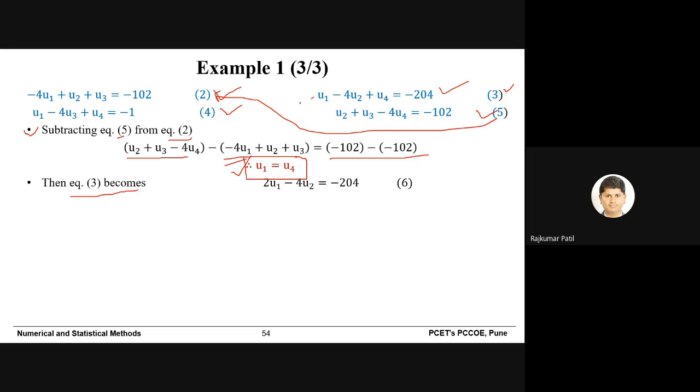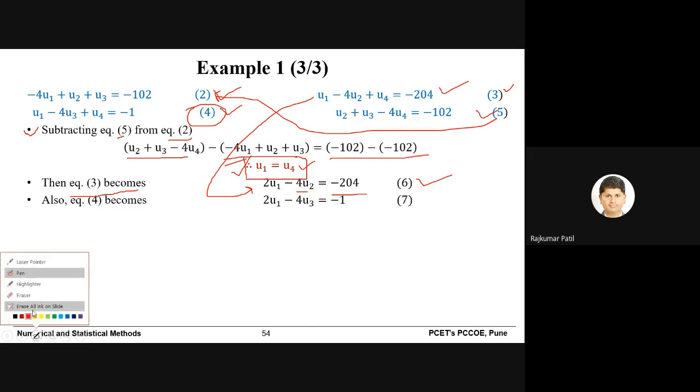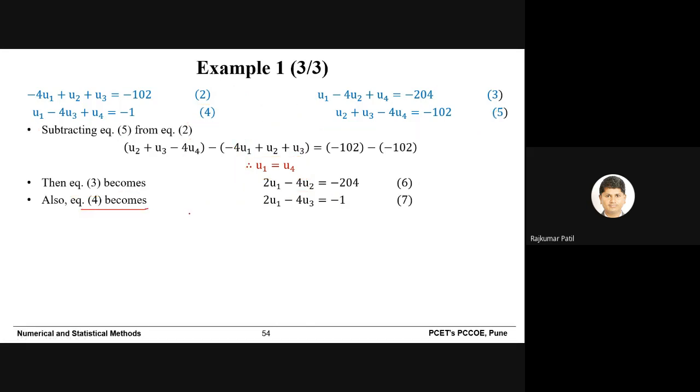You will get 2u1 minus 4u2 equal to minus 204. Let's say equation number 6. Similarly, put u1 equal to u4 in equation number 4. When you do that, you will see a simplified equation, that is 2u1 minus 4u3 equal to minus 1. Let's say equation number 7.